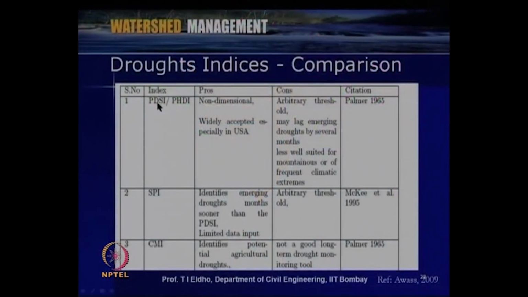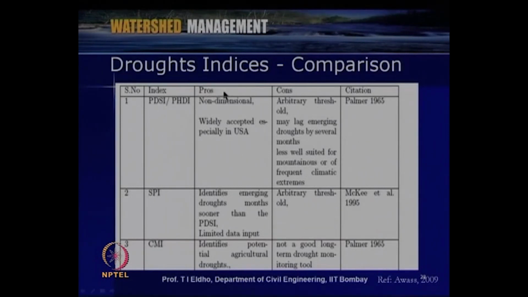Now, before closing the drought indices, let us have a brief comparison between three commonly used indices: the Palmer drought severity index or Palmer hydrological drought index, the standardized precipitation index, and the crop moisture index. The CMI is generally for agriculture areas.